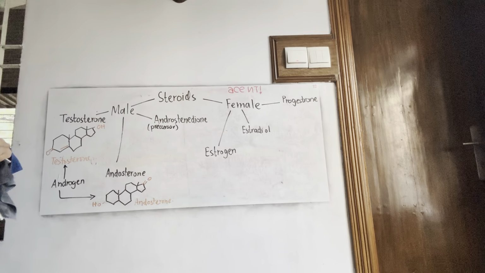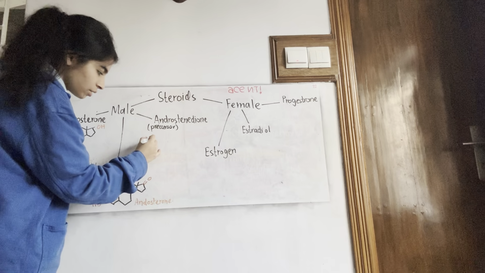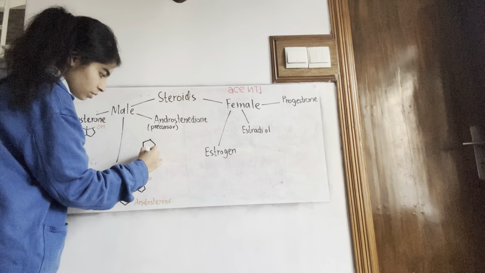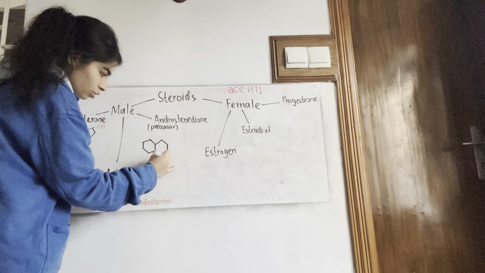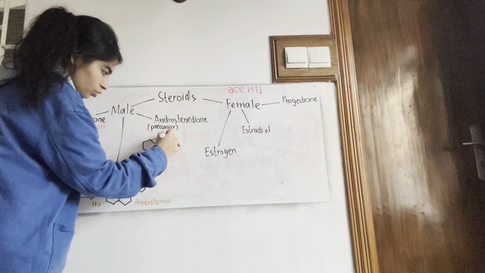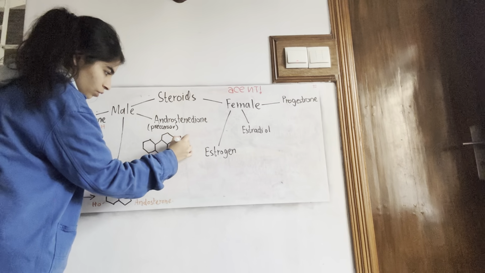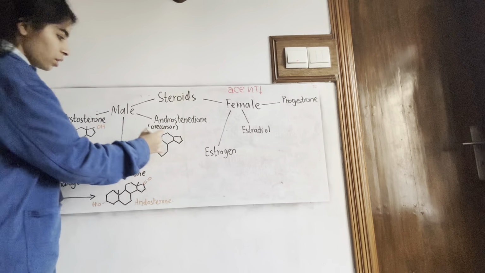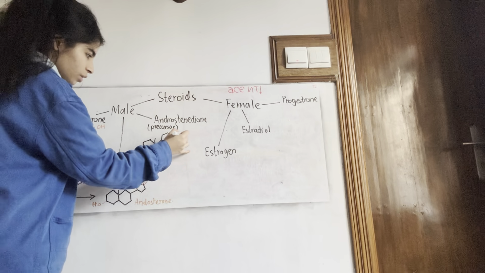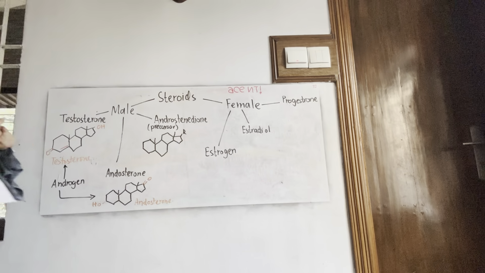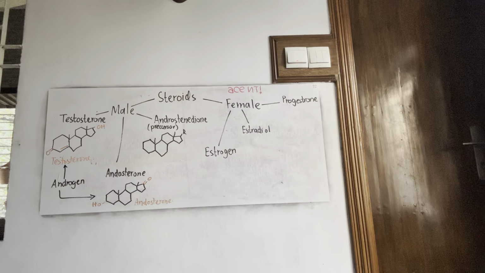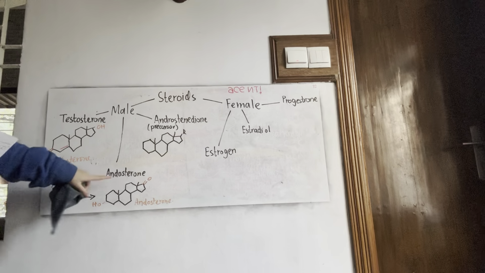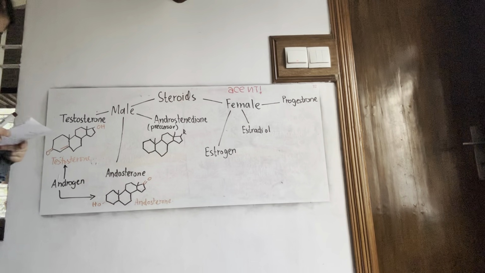Now let's draw a steroid again. 1, 2, 3, 4. Okay, the joints, the R group. This is a steroid. Now how do we turn it into androstenedione? So here we just switch things up, like from testosterone to androsterone, right?